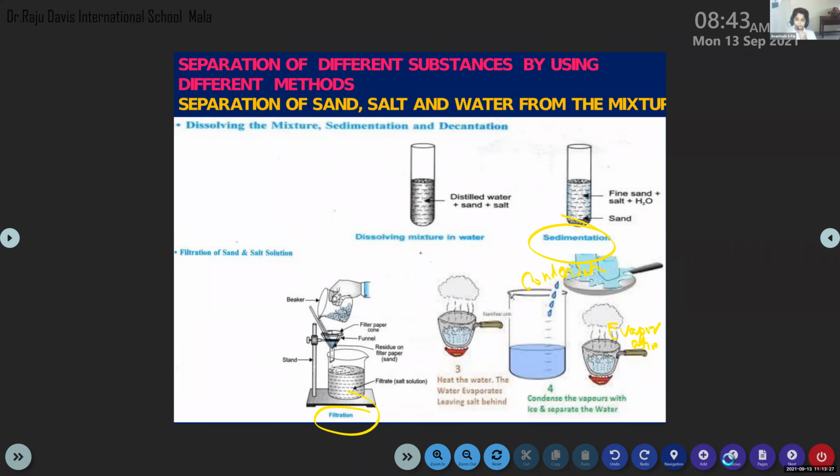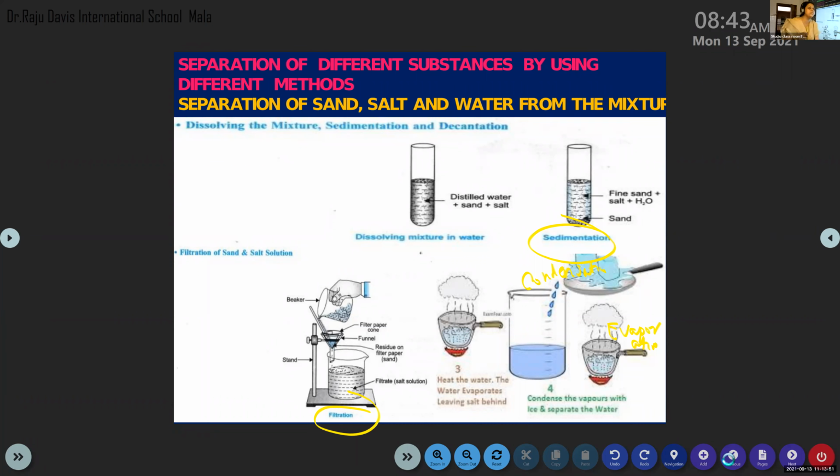Anandesh, what do you mean by insoluble substances? Ma'am, the substances which do not mix, which do not dissolve. Okay. Mixing is also there; that we discuss in terms of miscible and immiscible. You learned it in 5th standard. Soluble and insoluble is not about mixing.